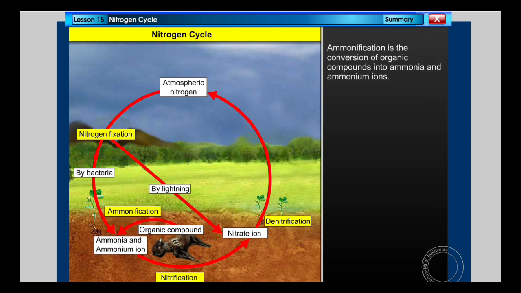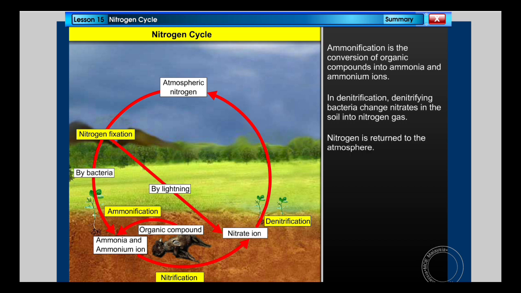Ammonification is the conversion of organic compounds into ammonia and ammonium ions. In denitrification, denitrifying bacteria change nitrates in the soil into nitrogen gas. Nitrogen is returned to the atmosphere.